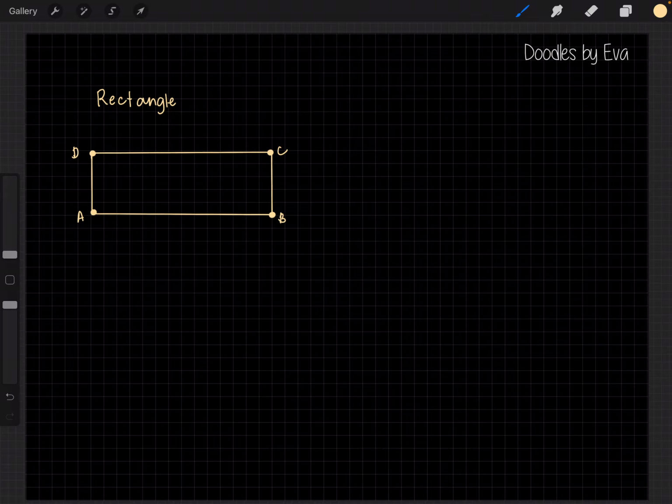Okay, first, a rectangle is also a parallelogram. So it's the same as a parallelogram.